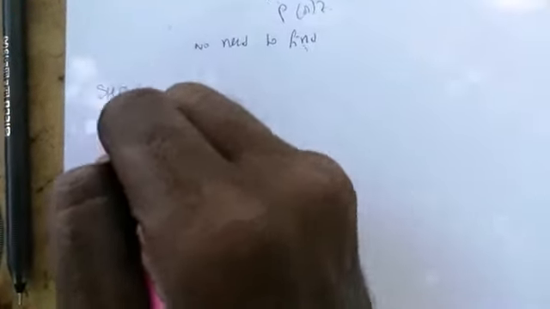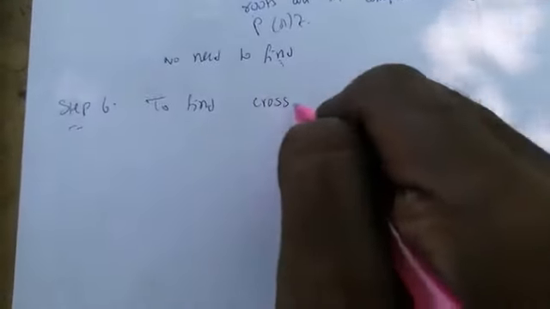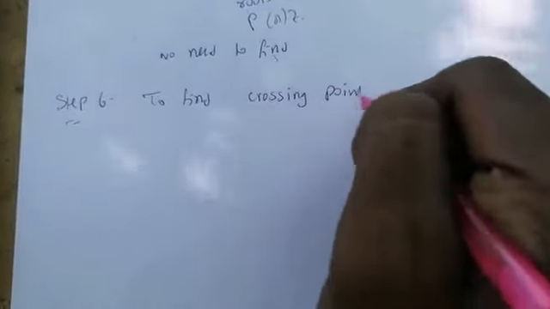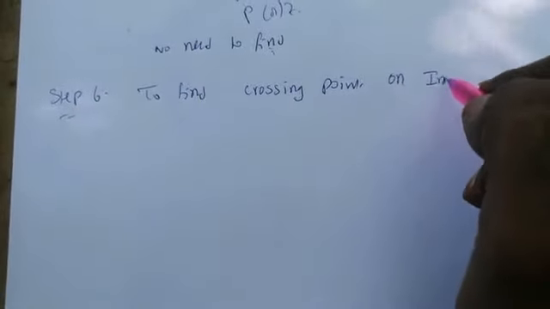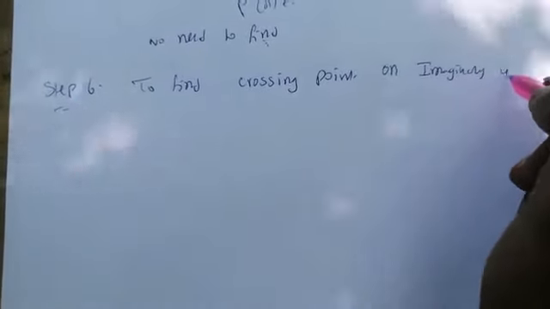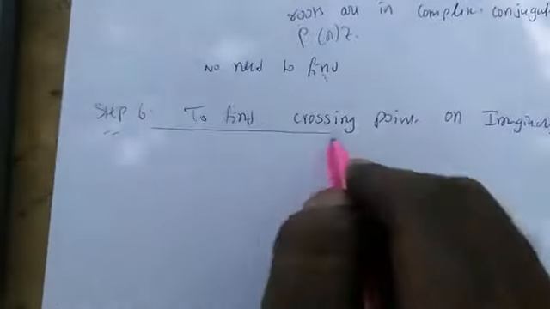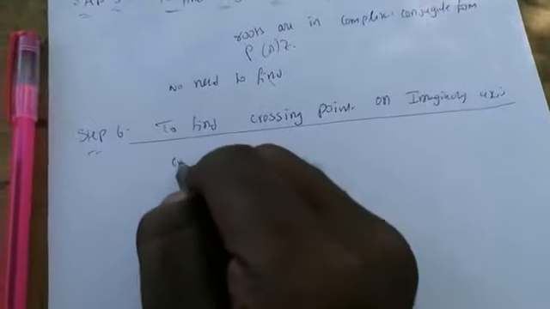Now step 6, to find the crossing point on the imaginary axis. Now we have to consider the characteristic equation.